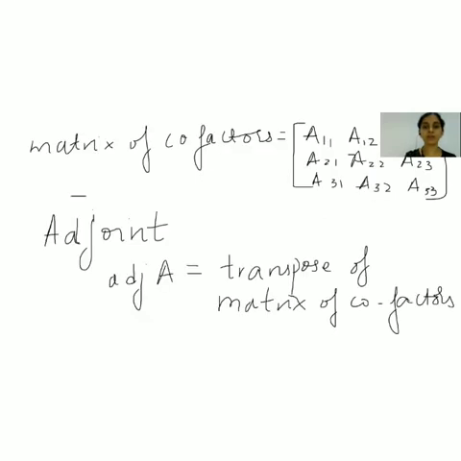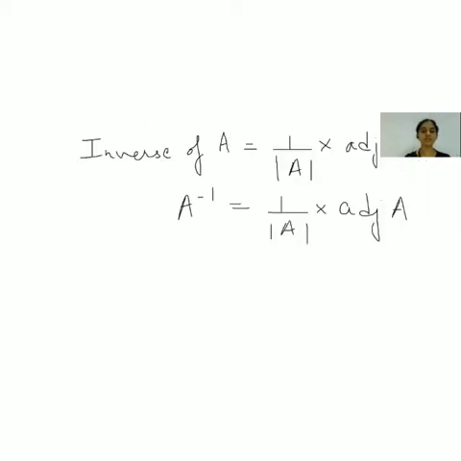The fifth step is to transpose that matrix, that is, make rows as columns and columns as rows. Once all these steps are done, we use the final formula: inverse of A is equal to 1 upon determinant of A, which we already found in the first step, multiplied by the adjoint of A.